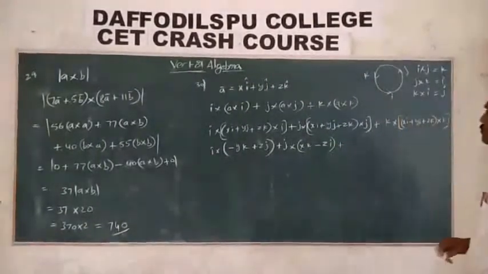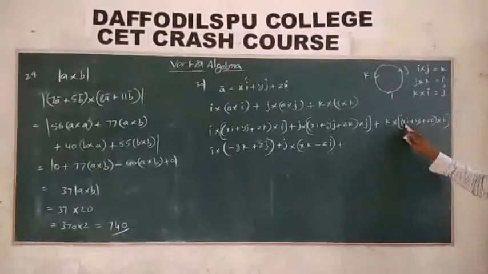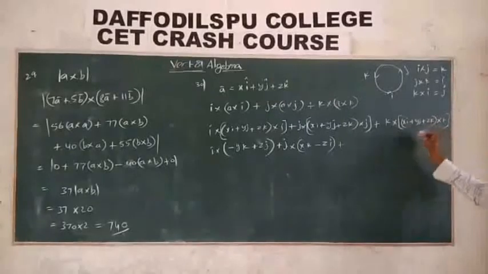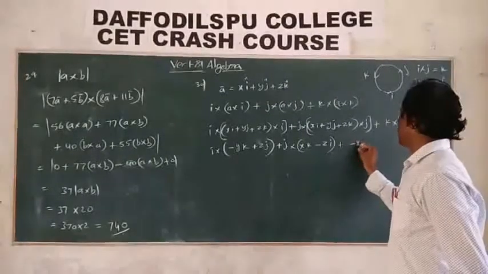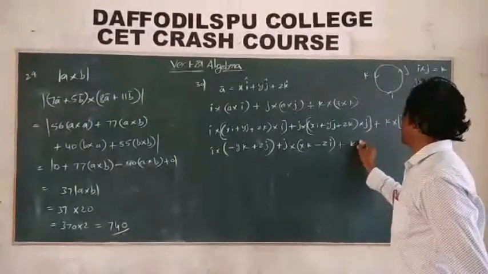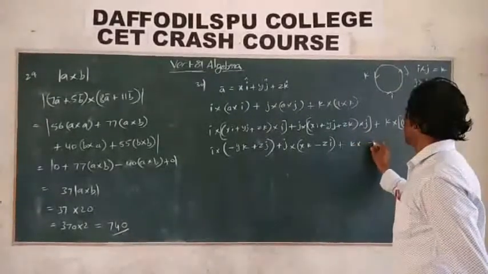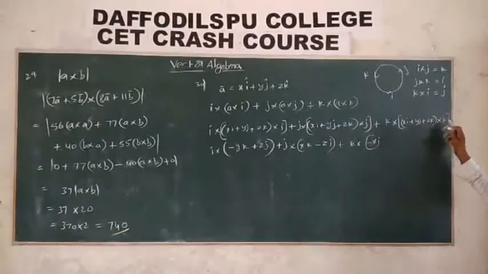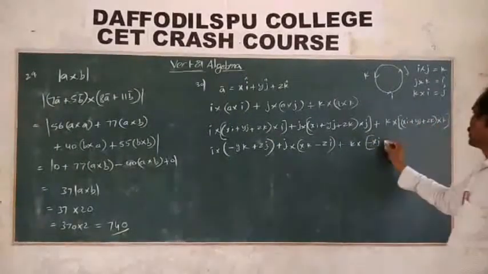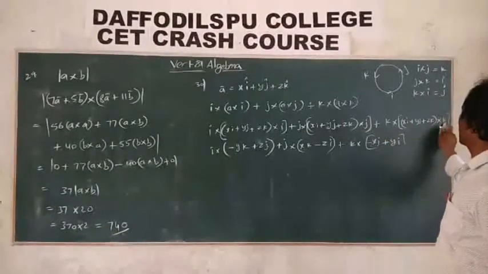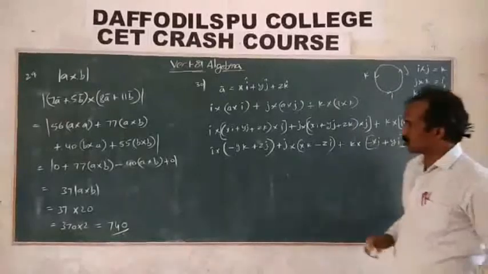Plus I cross k, here k cross I is j, so I cross k is minus j, so minus xj. J cross k is I, so yI. z k cross k value is 0, right?